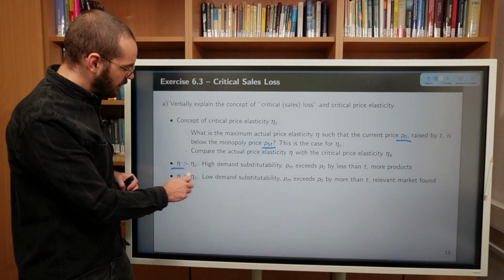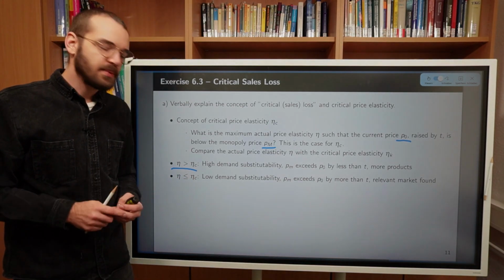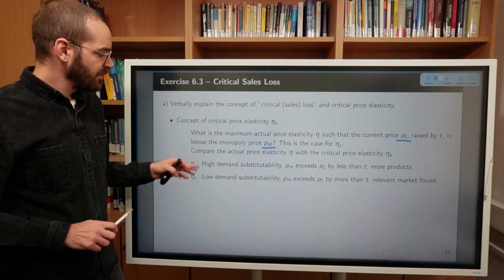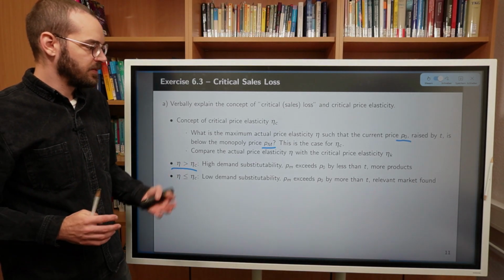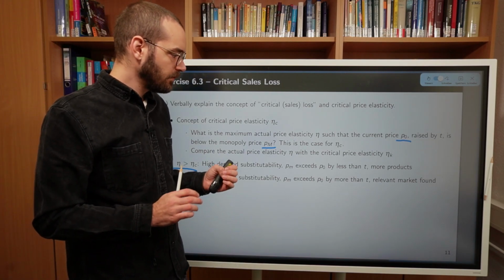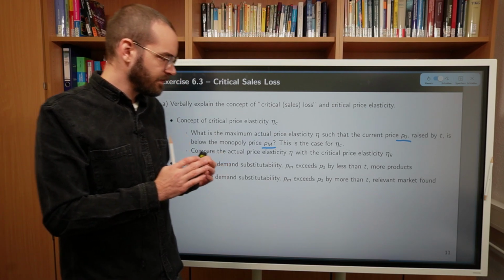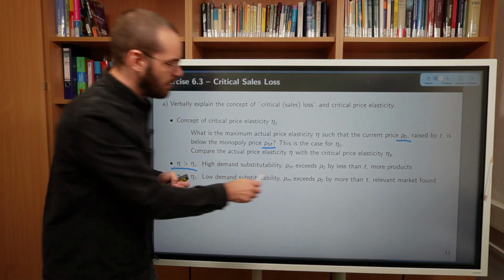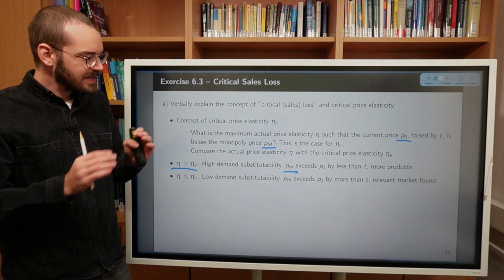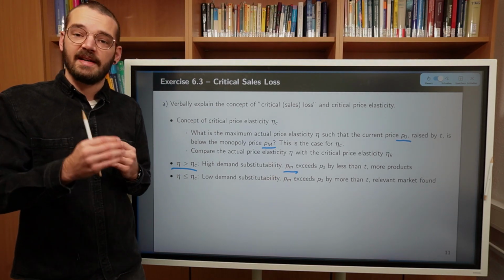And if we observe an actual price elasticity that is larger than the critical price elasticity, then we see a rather high demand substitutability, and we see that the monopolist price exceeds the benchmark price P0 by less than the price increase.